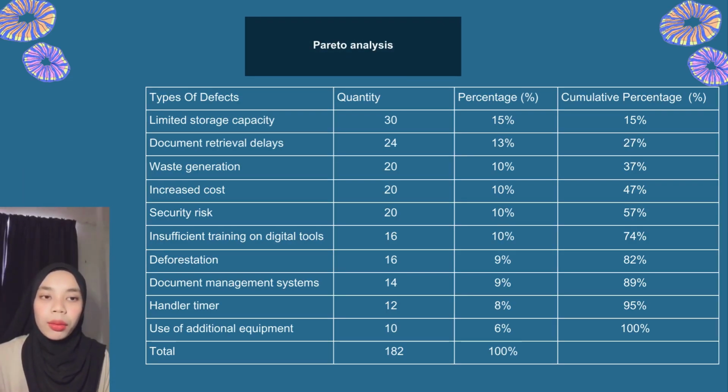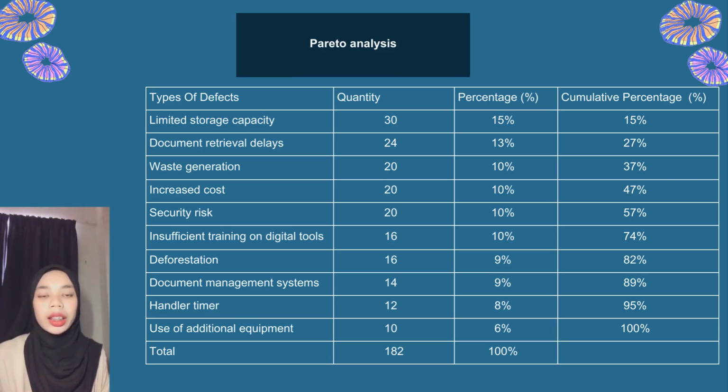Pareto analysis. From the table analysis, limited storage capacity was recorded as the highest quantity causing heavy reliance on software-based processes in the office, which is 27 out of 182, which is 15%, and use of additional equipment was recorded as the lowest quantity, which is 10 out of 182, which is 6%.